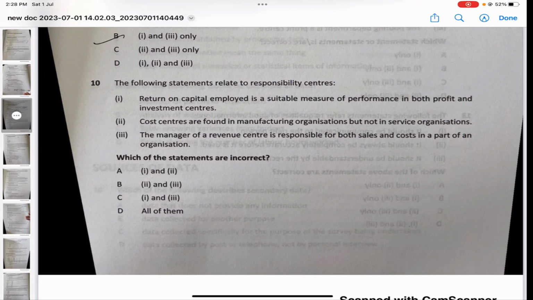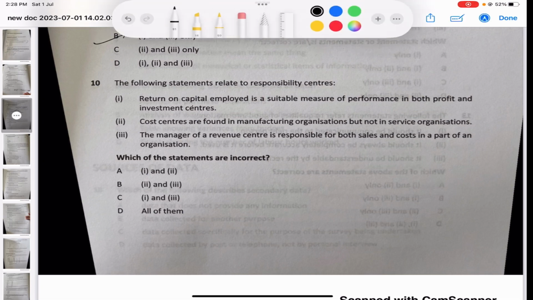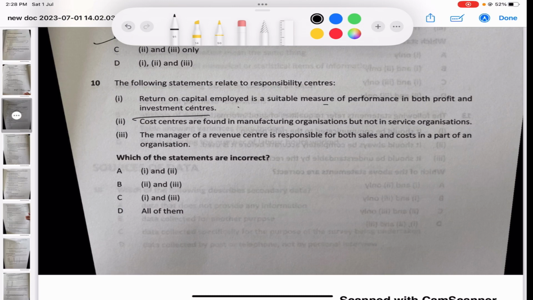Return on capital employed is a suitable measure of performance in both profit and investment centers. That's true. How much return you get on the capital you have employed is very important from the perspective of a profit center as well as an investment center, definitely.